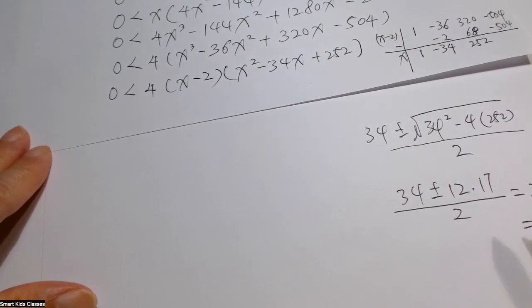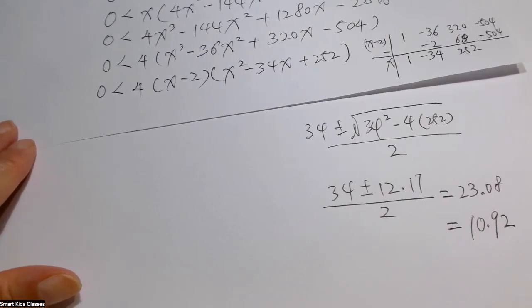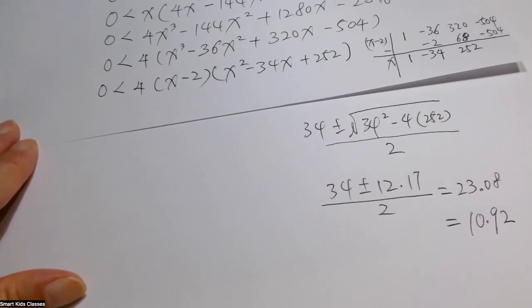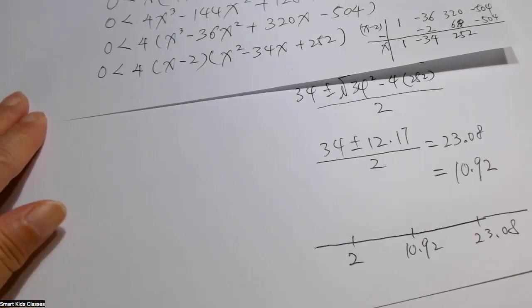How about negative? We got 34 minus 12.17 divided by 2. We got 10.92. Oh, excuse me, yeah, I will show the x values. So we have 2 x values here.